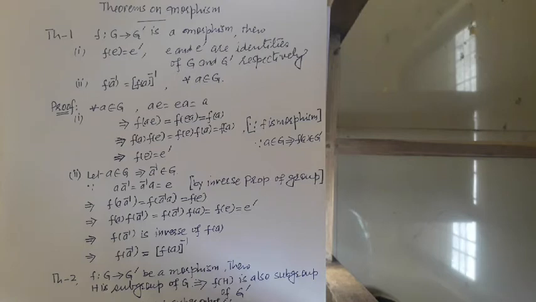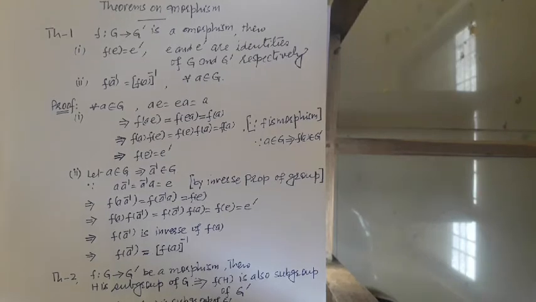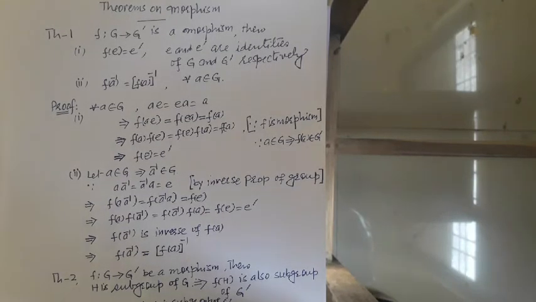For all a belonging to G, by the definition of identity, ae equals ea equals a. Taking f images, f of ae equals f of ea equals f of a, equals f of a f of e equals f of e into f of a equals f of a. Since f is a morphism, we can break it up like this.